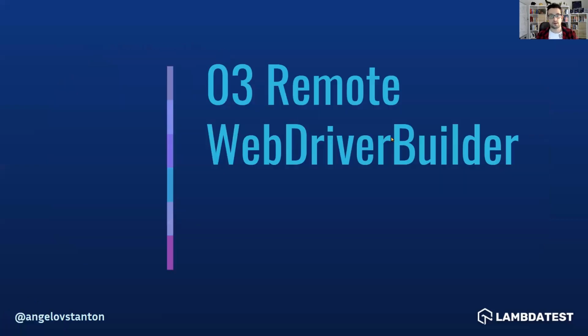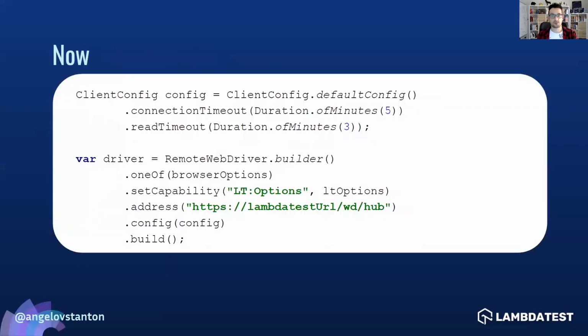An alternative way to start your session in Java is with the RemoteWebDriverBuilder. This class has a few advantages for cloud users or LambdaTest users, including automatic driver augmentation and the ability to set HTTP client settings like read timeouts.